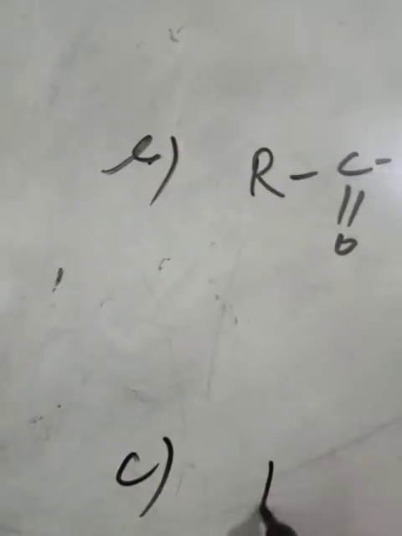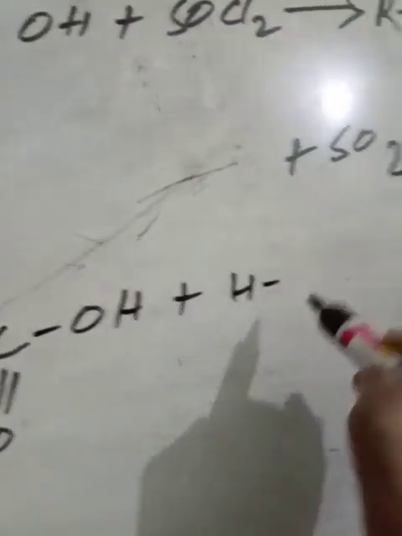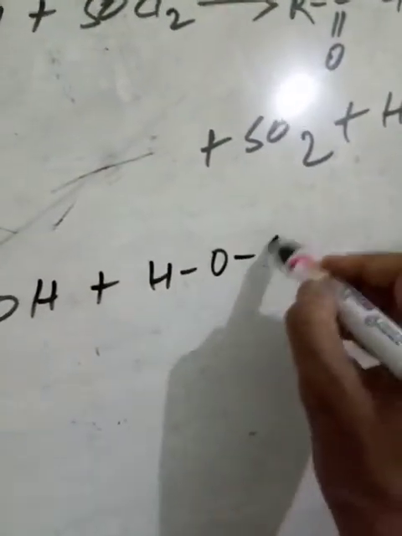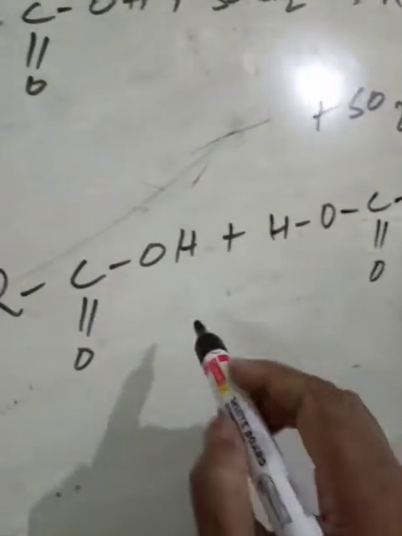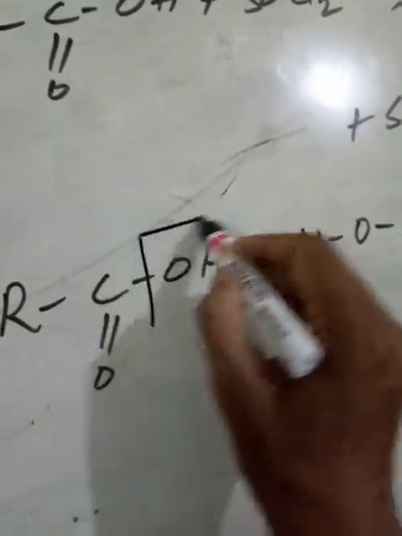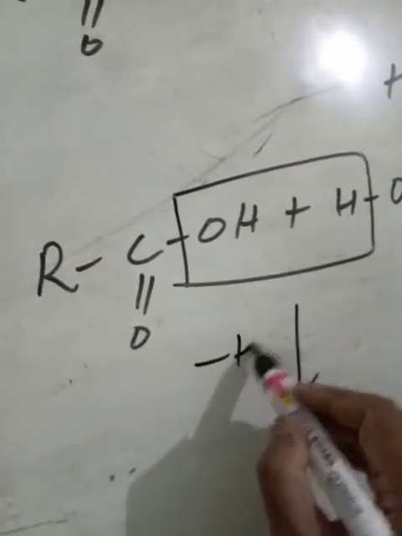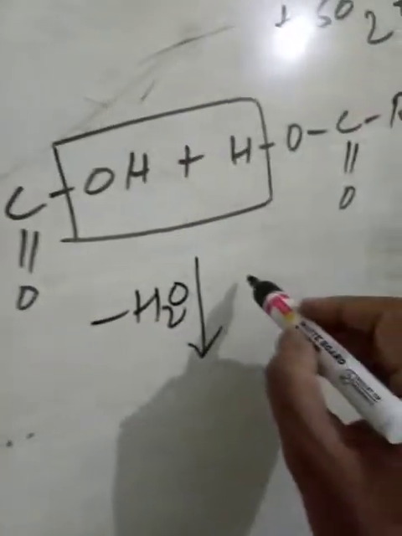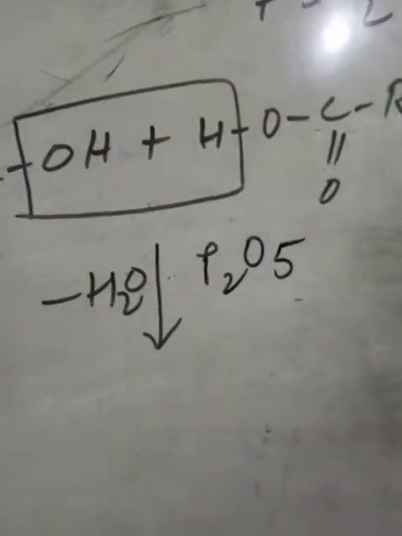Number C, RC double bond OH plus HO C double bond O R. Two molecules of acid are taken, and one OH and H will be eliminated as water by a strong dehydrating agent, P2O5, phosphorus pentoxide.